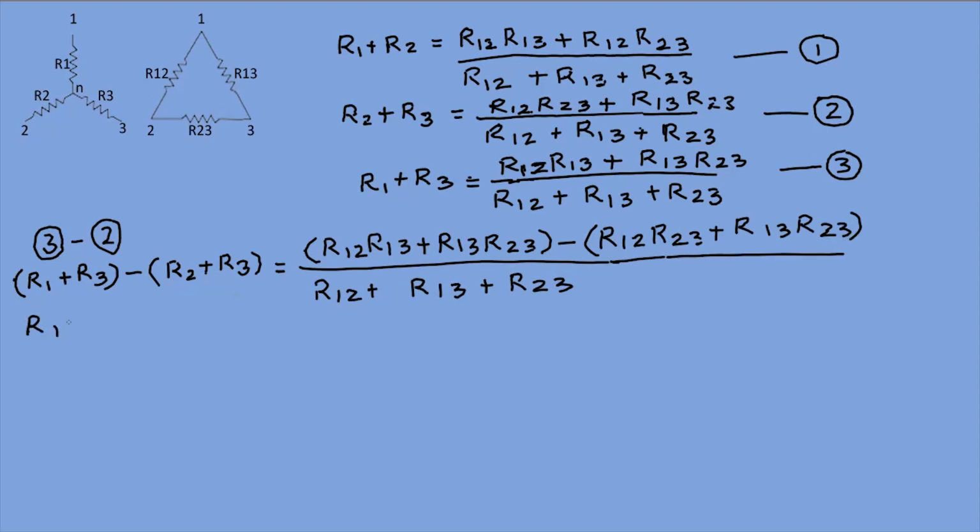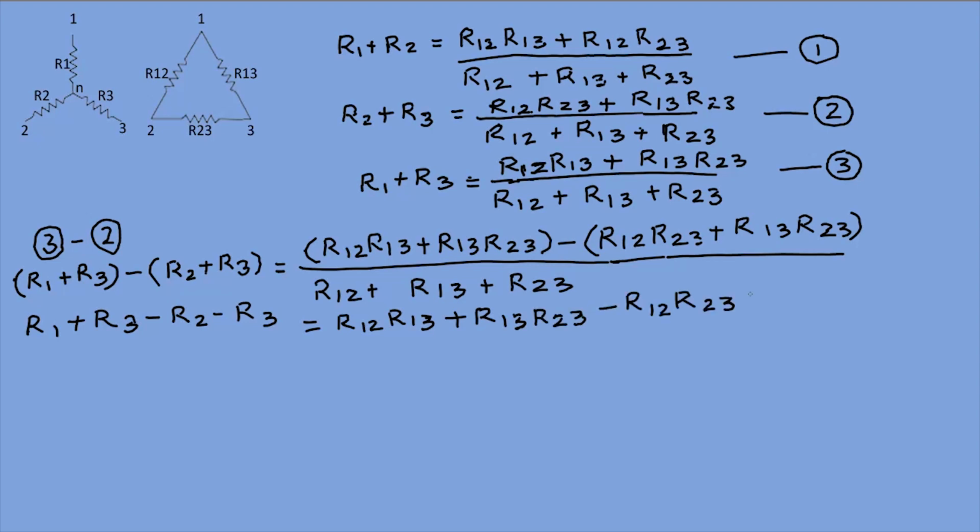Removing the brackets, R1 plus R3 minus R2 minus R3 is equal to R12 R13 plus R13 R23 minus R12 R23 minus R13 R23.